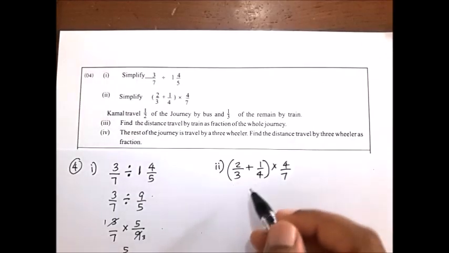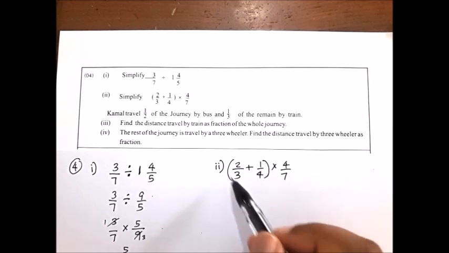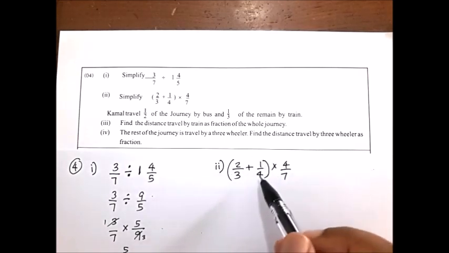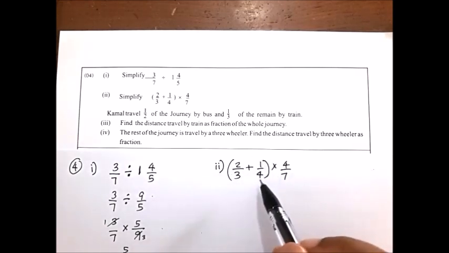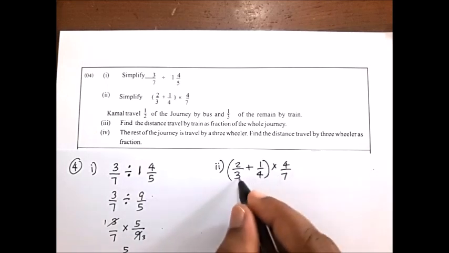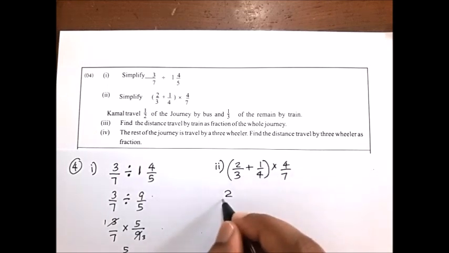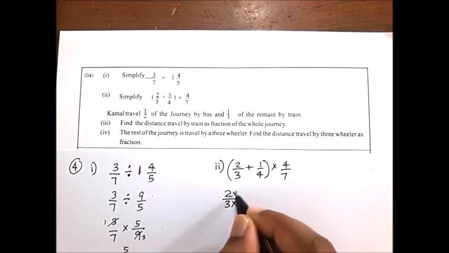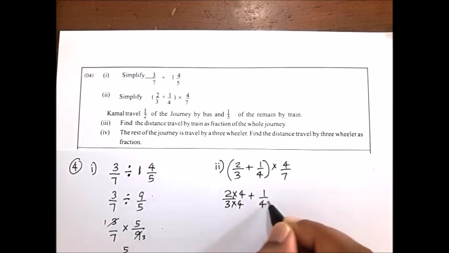Then look at the second part. According to BODMAS, first you have to simplify the fractions within the bracket. Take the common denominator, it is 12. Multiply this one by 4. Multiply this one by 3.